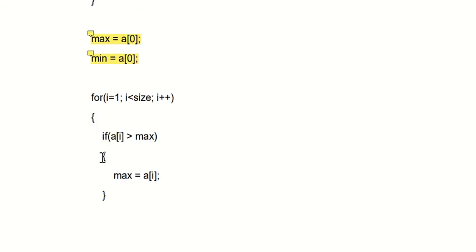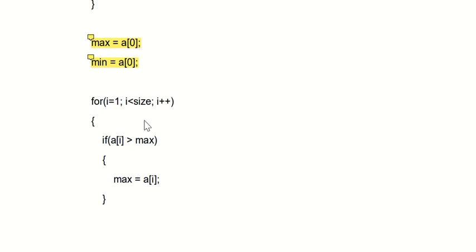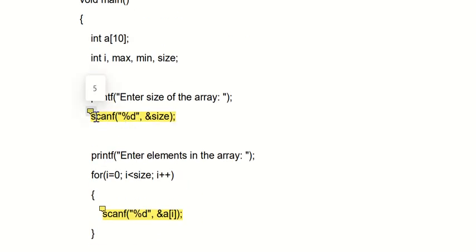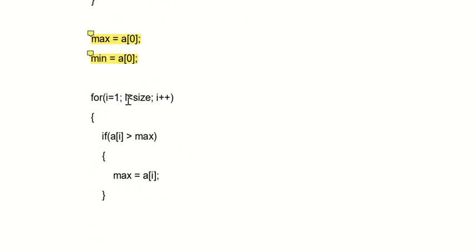Now the main part of this program, or you can say the logic part: for i equal to 1, i less than size, and as I said we know that size is 5. So i less than size and i plus plus, so 1 less than 5, and we know it is nothing but a true condition. If a[1], because i is 1 now, is greater than max.